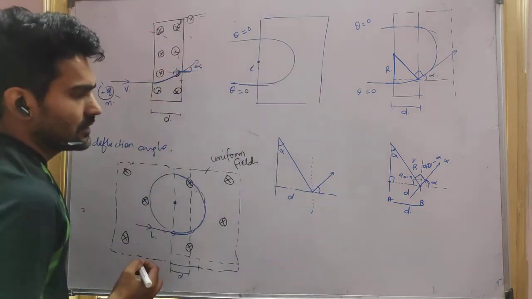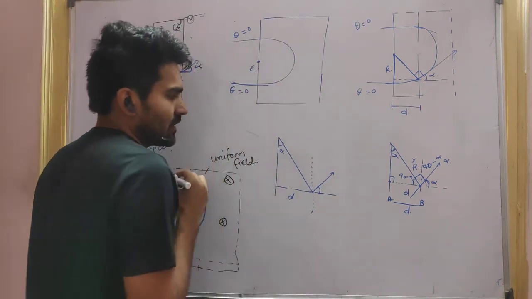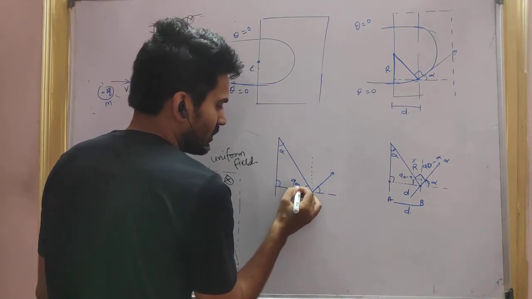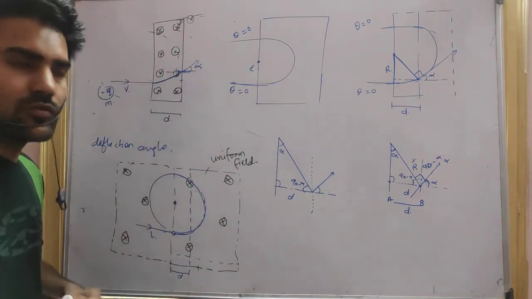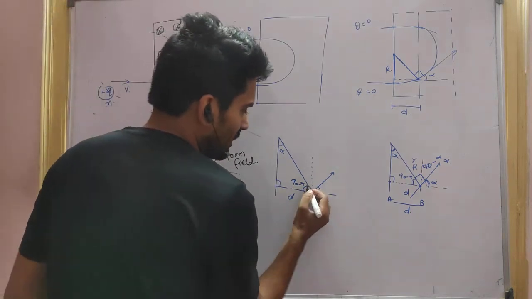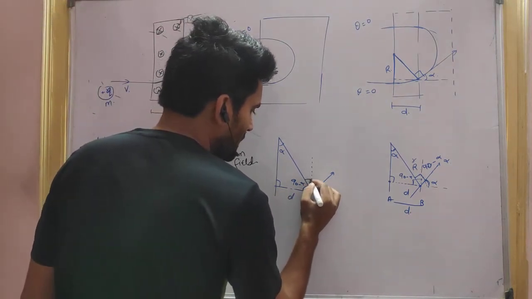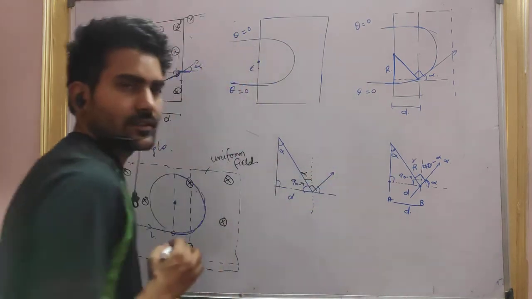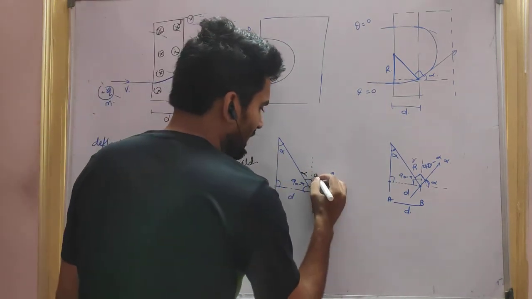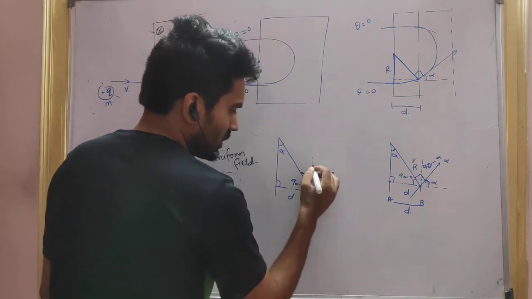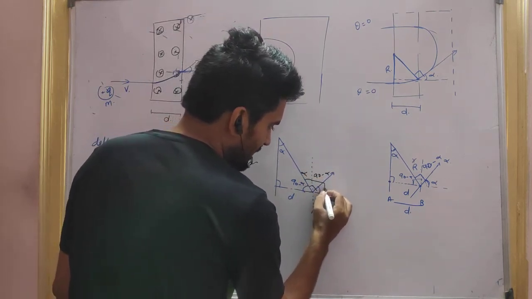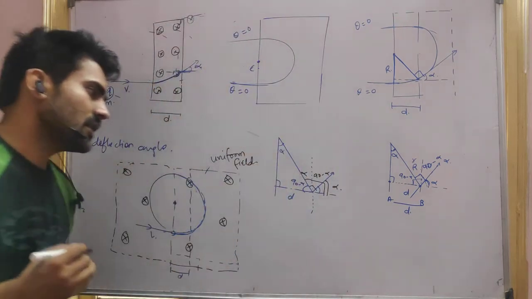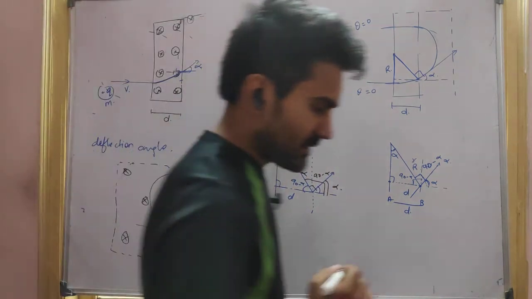Now this angle is alpha. This is 90 degrees, so it will be 90 minus alpha. Yes or no? If this is 90 minus alpha, and the total is 90, then this will be the alpha angle. This is 90 degrees, this is alpha, so it is 90 minus alpha. So if this one is 90 degrees, this angle will become alpha. I hope this point is clear for you guys.